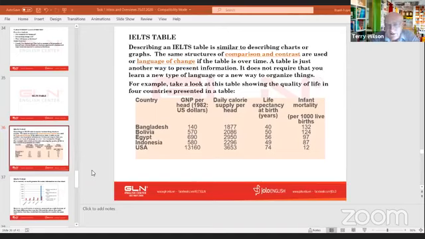These are huge differences. For life expectancy, an American would expect to live twice as long as somebody from Bangladesh. When it comes to daily calorie supply, Americans probably eat 50% more calories than the other countries. And when it comes to gross national product per head, then the difference is more than 20 times in the case of Bangladesh.